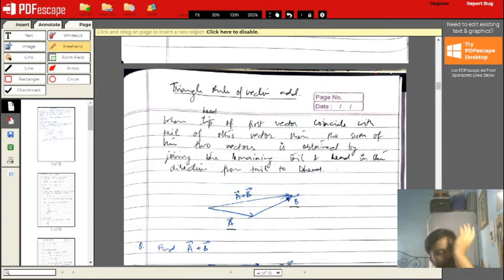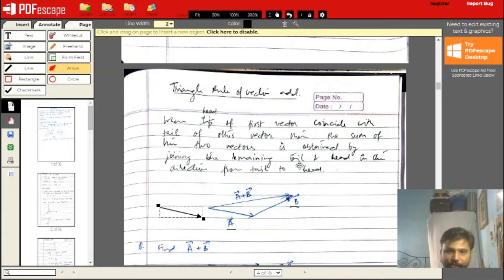So first of all, we can shift these vectors parallel to themselves without changing the vectors themselves. So even if a and b are not in this position, we can bring them in these positions by shifting them. So how do you shift them? So let's say a vector was somewhere here.